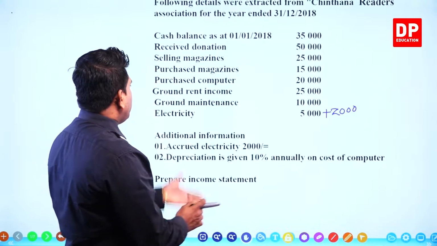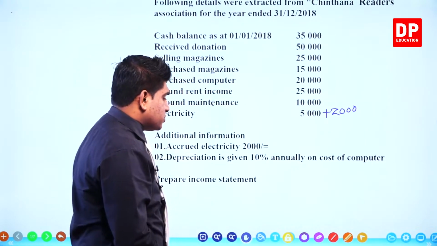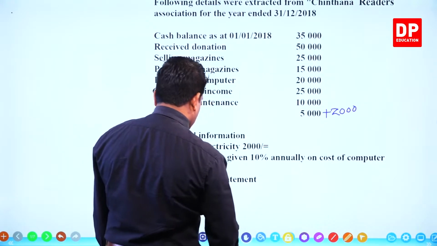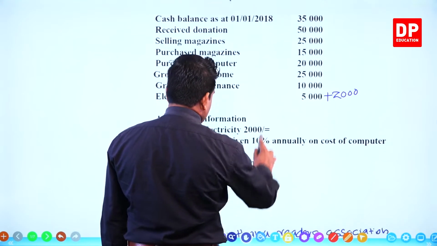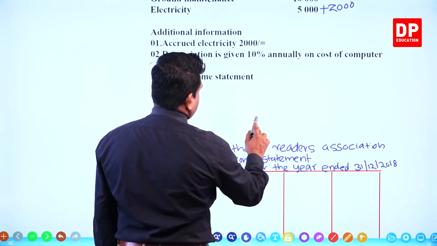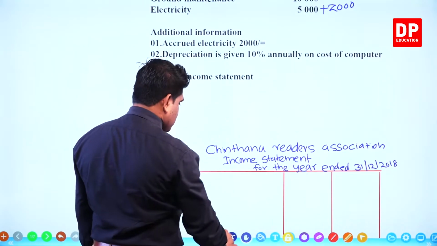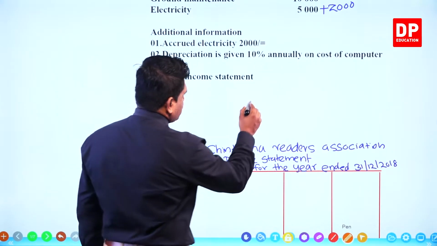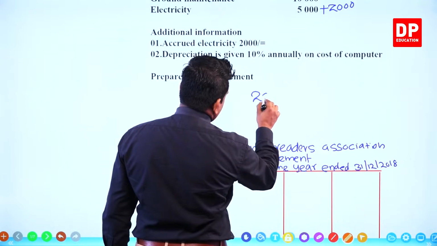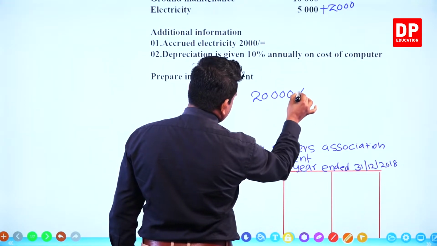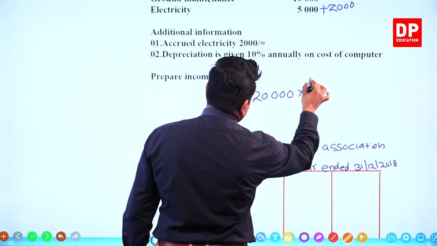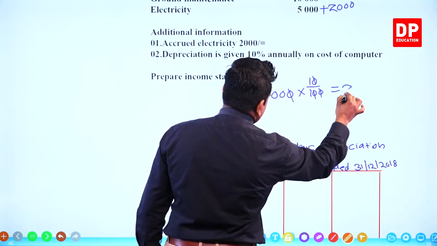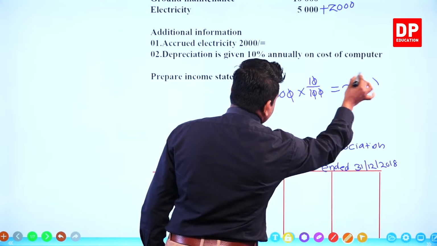Purchased computer 20,000, right? Then 20,000 into 10% annual depreciation. How much? 2,000. This is the annual depreciation for the computer.